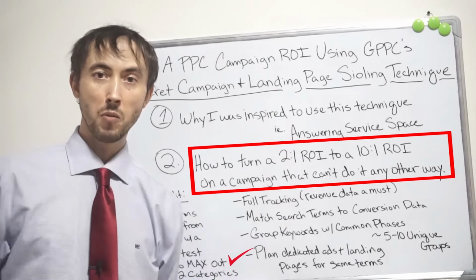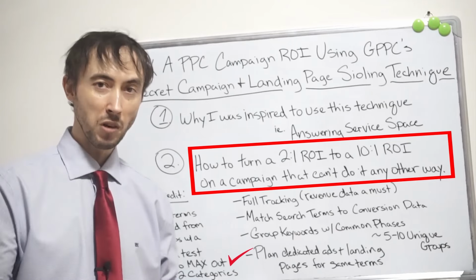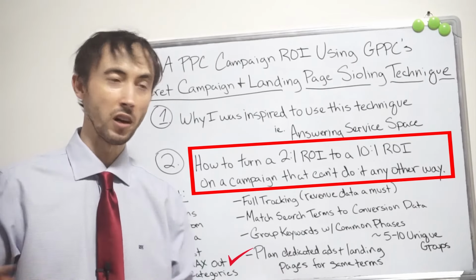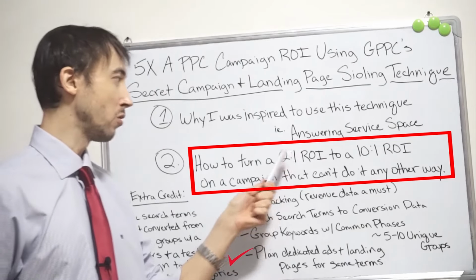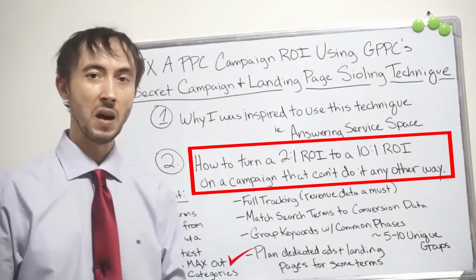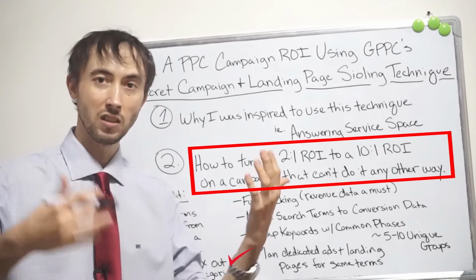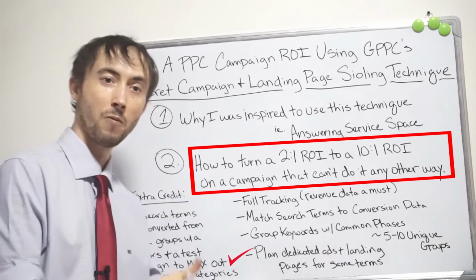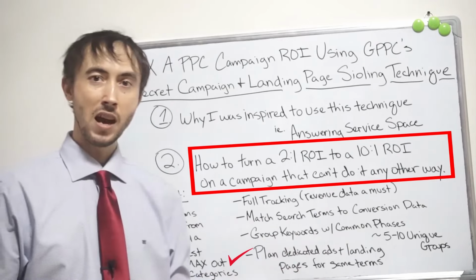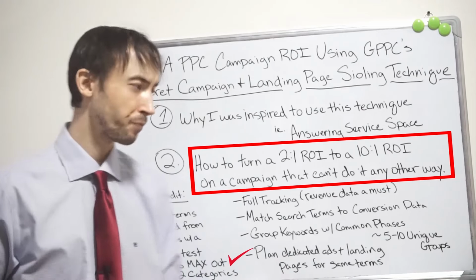If you were spending $3,000 a month before, now you're still spending $3,000, but you're only targeting 15% of what worked. So that's how you're going to go from a 2-to-1 ROI to 10-to-1 ROI and literally get 5 times more ROI, because you're just using the data in your account now that you set up for yourself through this revenue tracking to set yourself up for that.